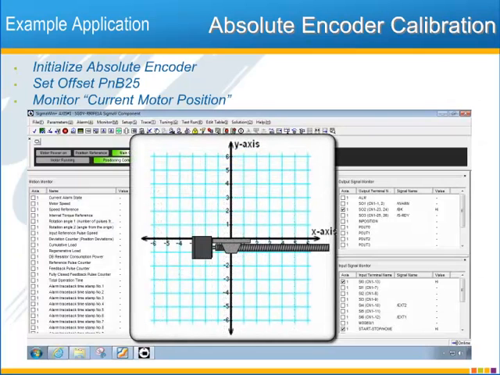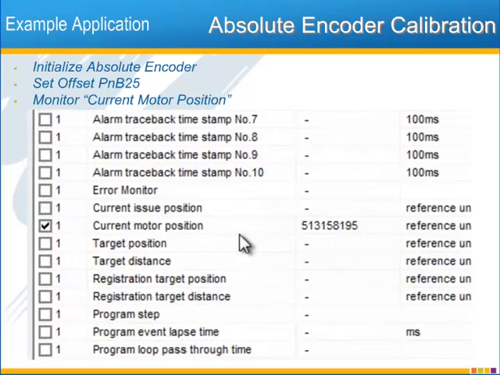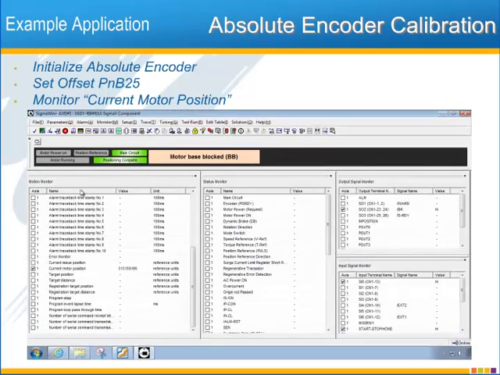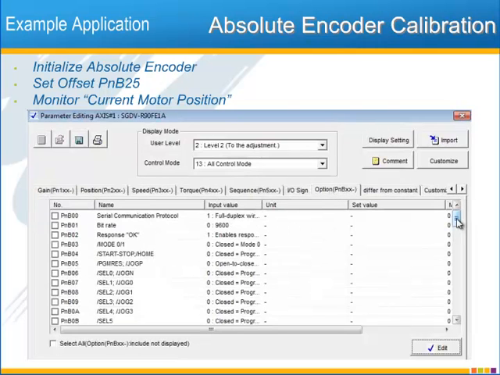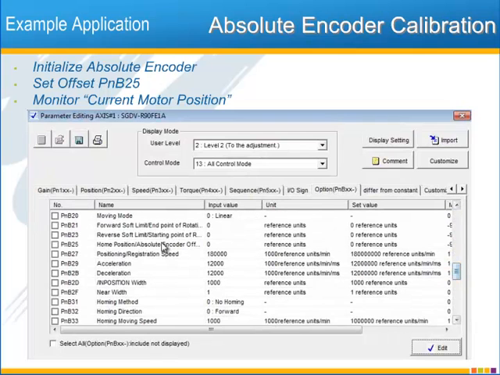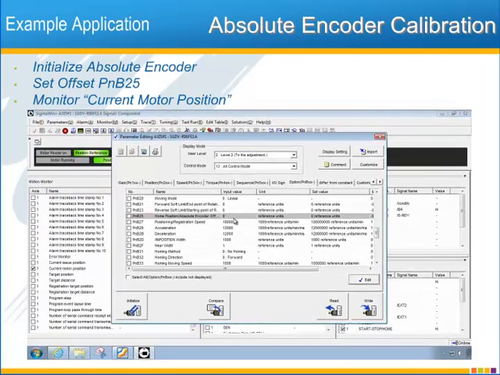So I've moved the axis to position 0 and I have the servo off. I can see the feedback position is not 0. Open parameters, and under option, I can go down to PnB25 and I see that there is no offset being added to that position either.